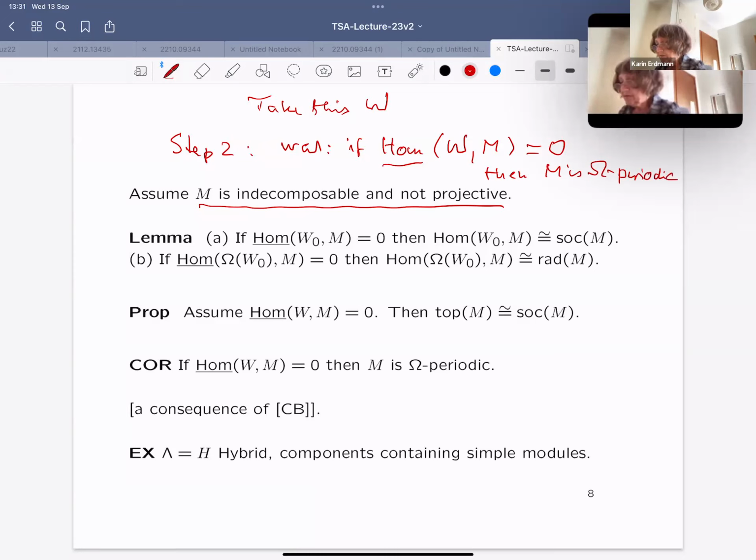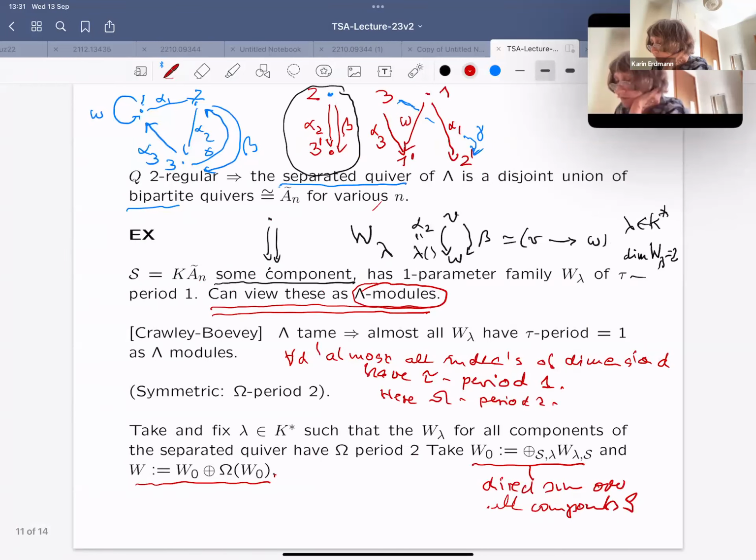And yes, right. So here it gets technical, and I can say one word for this one. So e.g. in A, this module W0 has radical length 2, as in our example here. So we just have a top and a socle.